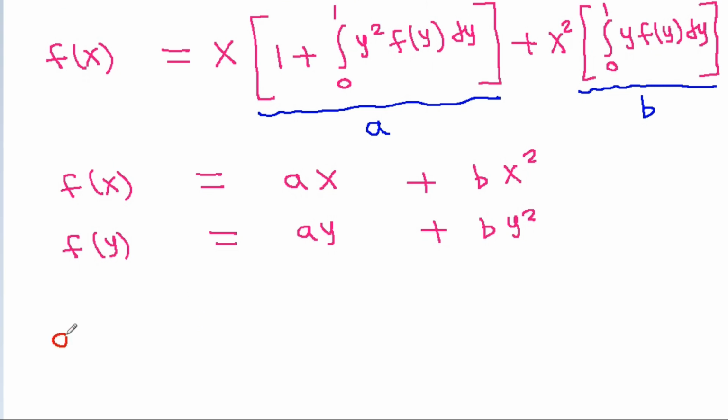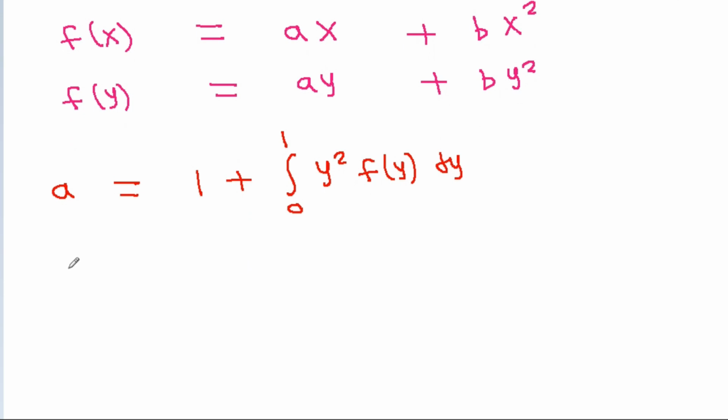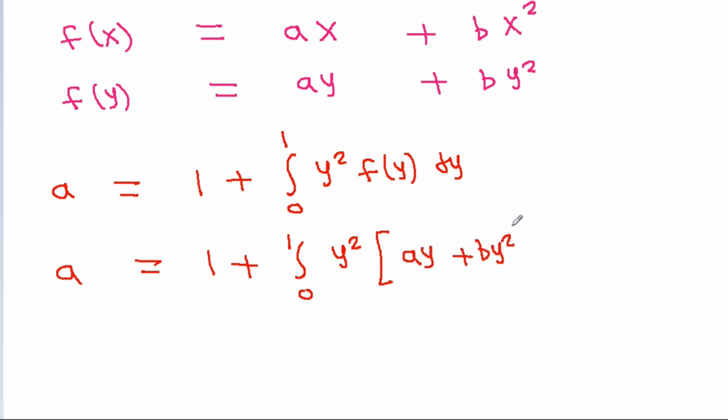We have a is equal to 1 plus the integral from 0 to 1 of y square f(y) dy, and a is equal to 1 plus the integral from 0 to 1 of y square, and f(y) is ay plus b y square, dy.